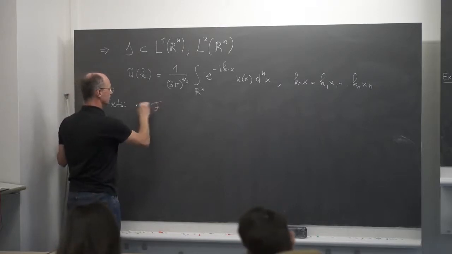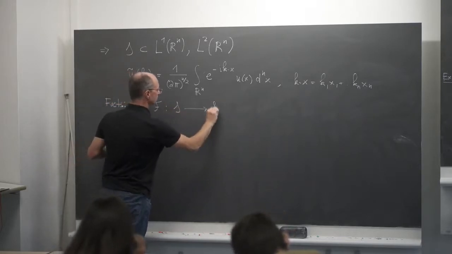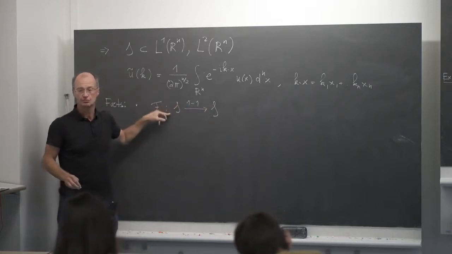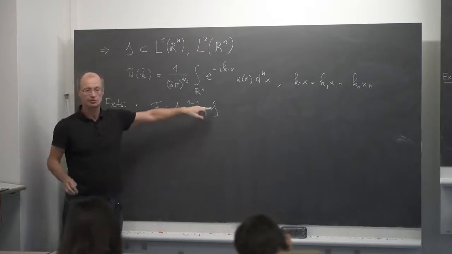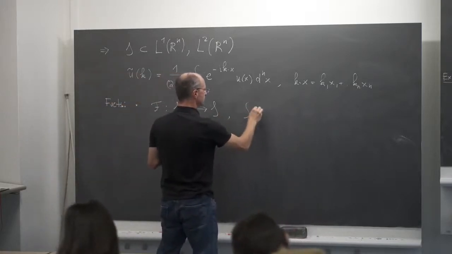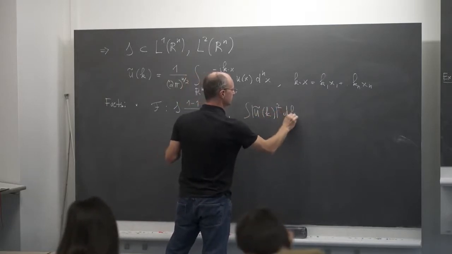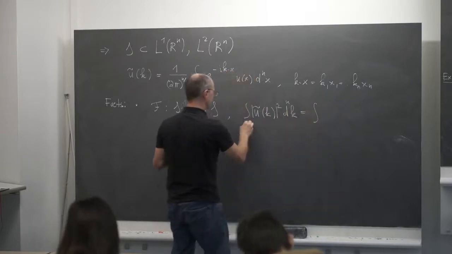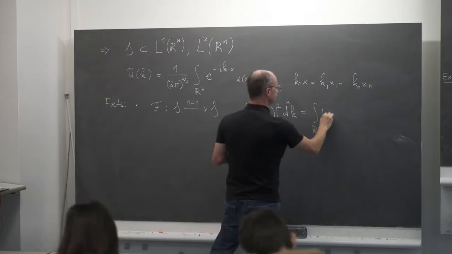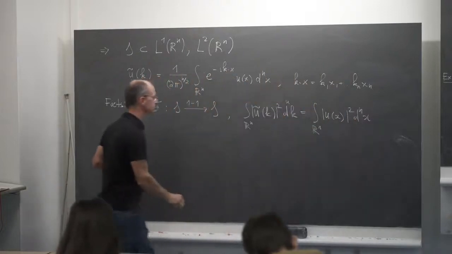F defines a bijection on S. So it maps S into S bijectively. And the following identity for the L2 norms holds true.